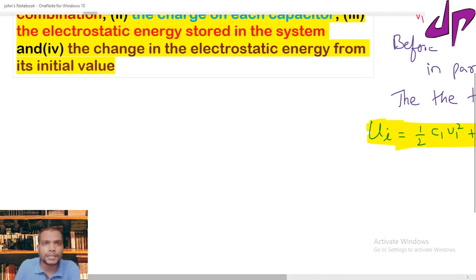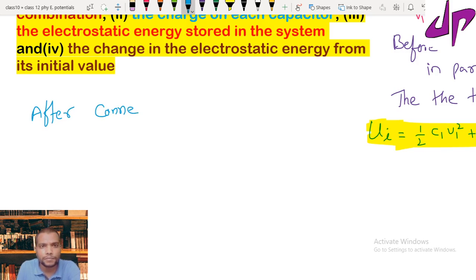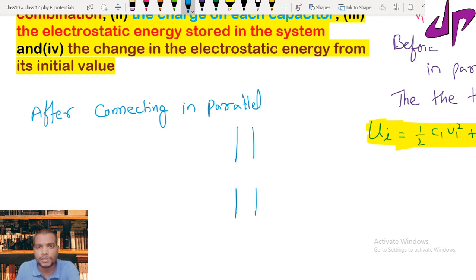So after connecting in parallel, these two capacitors, C1 and the other capacitance C2, are connected in parallel.